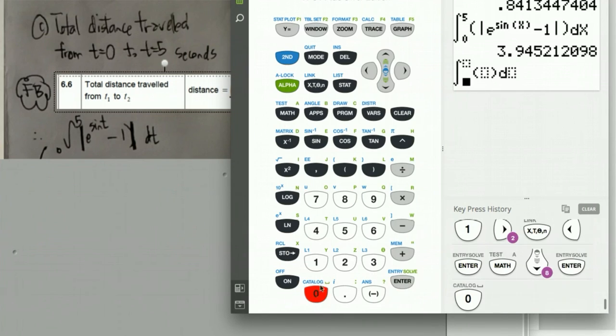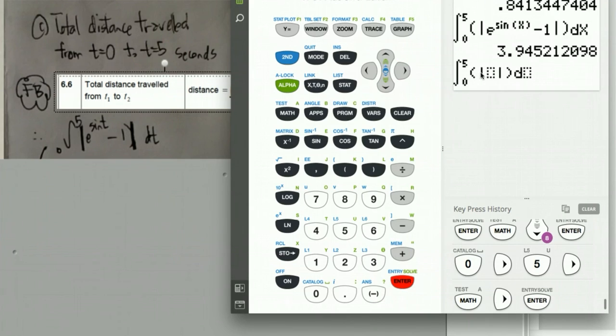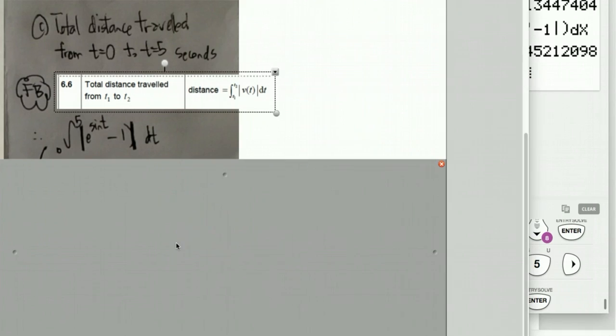Enter the lower bound, hit the right arrow, the upper bound, hit the right arrow again to get inside the brackets. Now you have to go to the math menu again, but it's under NUM where you find the absolute value. You hit enter there, and then you proceed on your way. Like I said, make sure you enter the same variable in each. And there you have it, 3.95 to 3 significant figures.